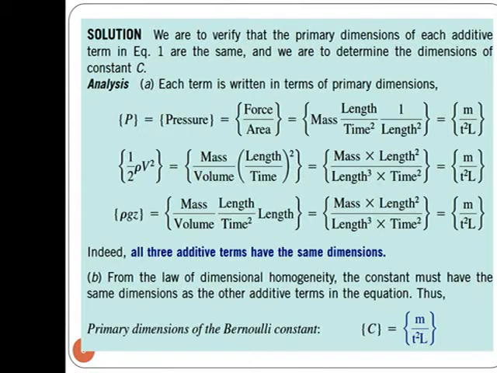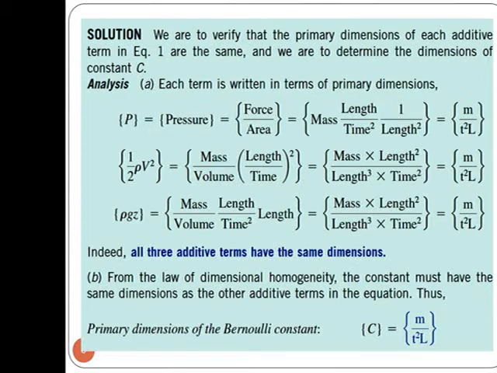From the law of dimensional homogeneity, the constant must have the same dimension as the other additive terms in the equation. Thus, the primary dimensions of the Bernoulli constant are C equals m upon t squared L.